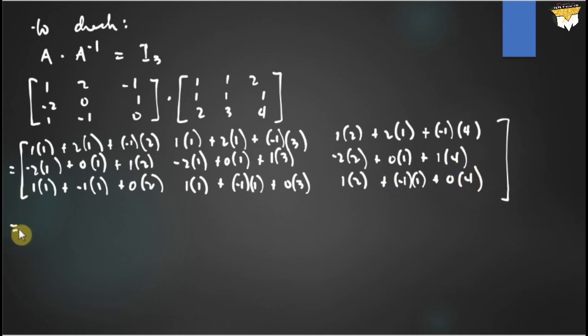Okay, so we have 1 times 1 is 1, of course. Then 2 times 1 is 2. Then, minus 2. Then, we have 1 plus 2, then minus 3. Then we have 2 plus 2 minus 4. Then here we have negative 2 plus 0, then plus 2.